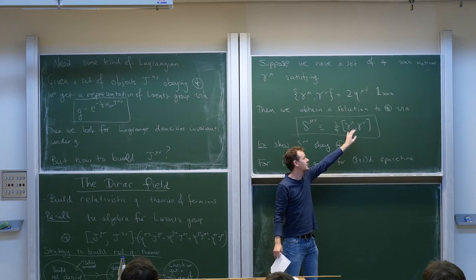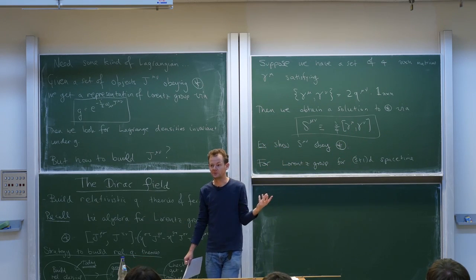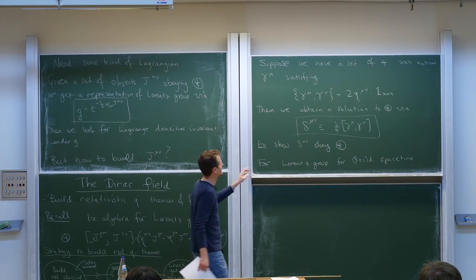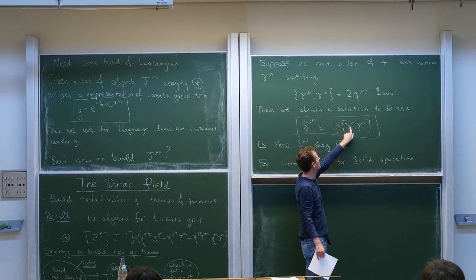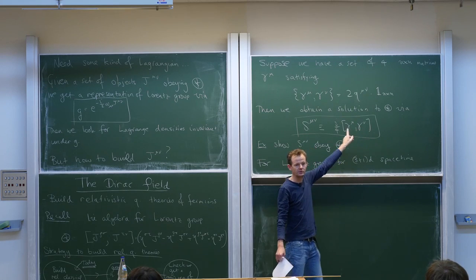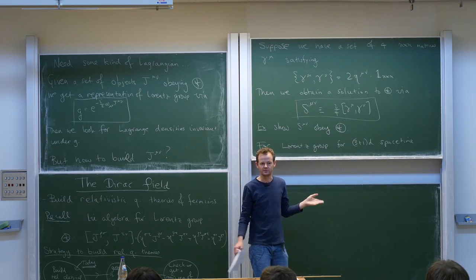This doesn't work for 1 by 1 matrices. You can already see that. There's no way to find a set of 4 1 by 1 matrices which obey this algebra, because, well, trivially, they're all 0.